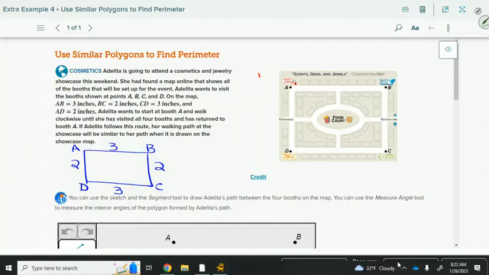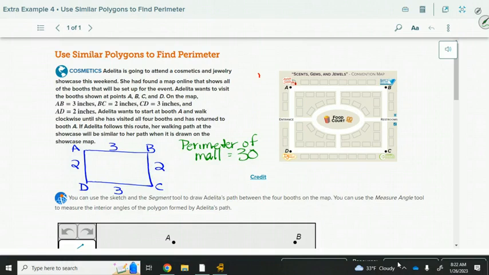Okay, so here's what we need to find. First of all, they're going to tell us the perimeter of the mall in real life is, let me find it again. I think it's 30. Yeah, 30. So the perimeter of the mall in real life is 30.